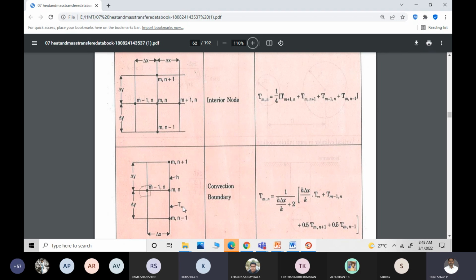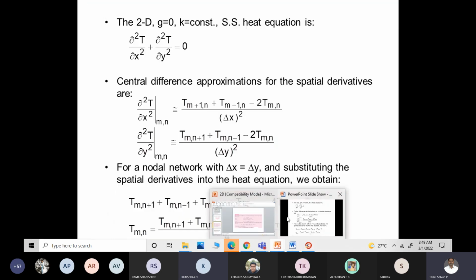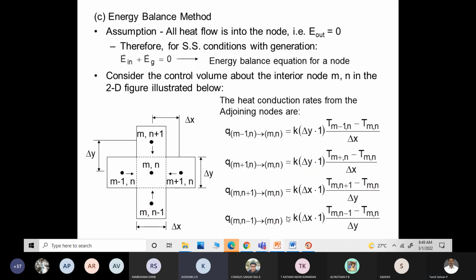So that boundary can be assumed as a convection boundary, because the air will be at 25 or 30 degrees while the iron box surface is at 70, 80, 90 or 100 degrees, whatever it may be. It depends on the case. So in that case you have to use this formula, and for that also we have the expression.